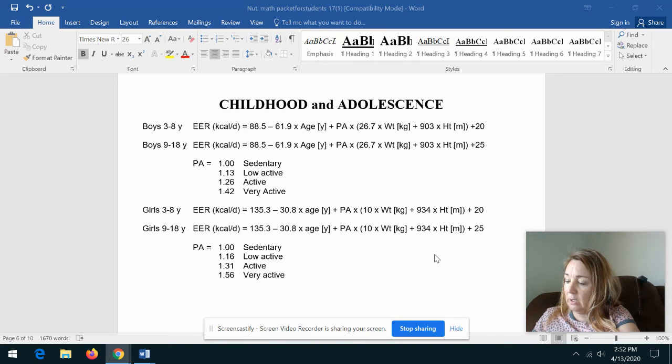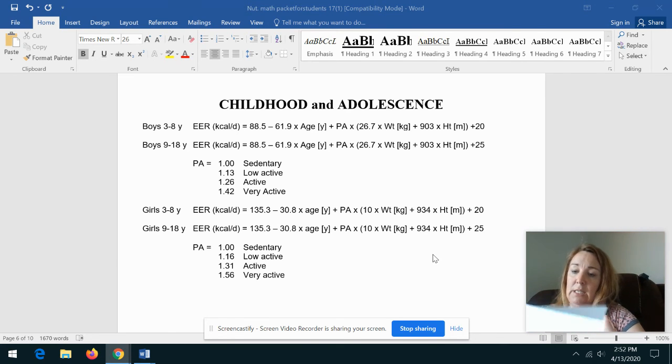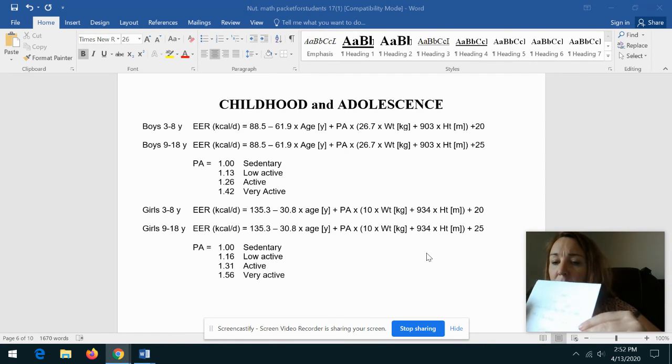So we got 300.8. And when I complete all of that, the answer I get is 2,393 calories, or somewhere around that. Okay, certainly you can round up.